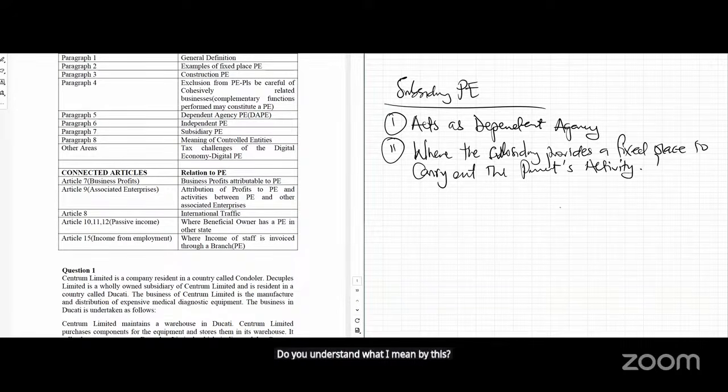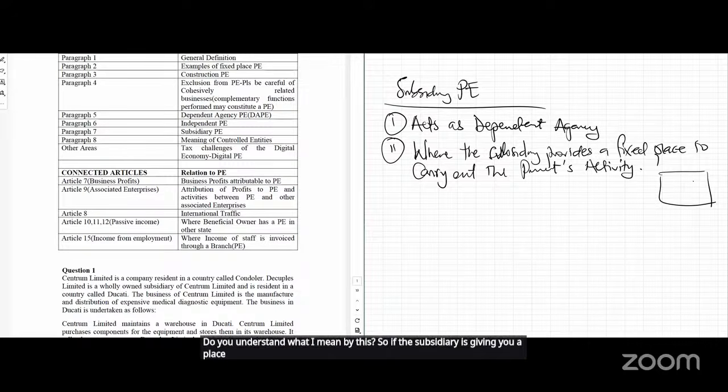Do you understand what I mean by this? So if the subsidiary is giving you a place for your staff to come and work, are you getting it? And sell the wine in Ghana, but you are in the UK, it creates a PE because the subsidiary now becomes your dependent agent. Does it make sense?